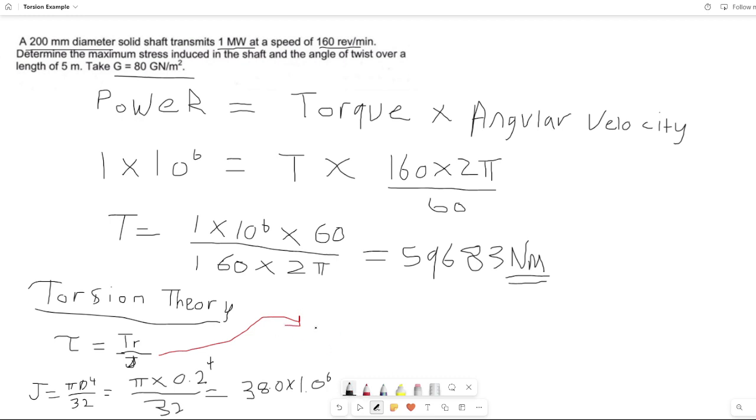So tau equals the torque that we've worked out to be 5,959,683 multiplied by R, which in this case would be 0.2.